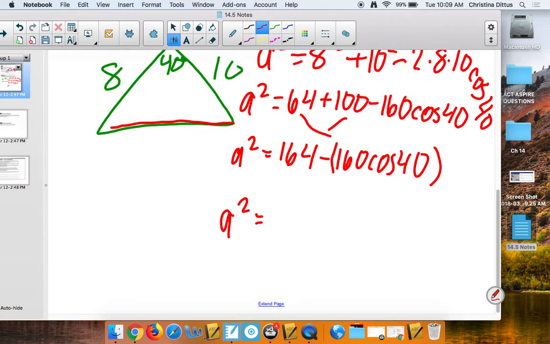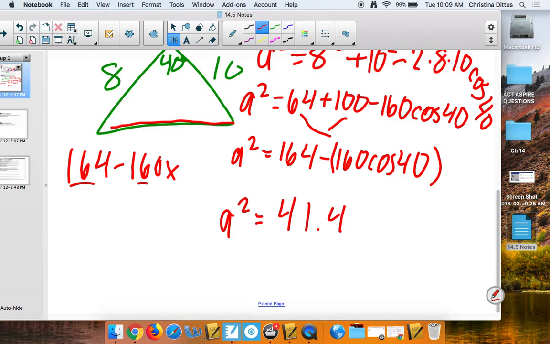No, because the 160 is attached to the cosine. It's kind of like 164 minus 160x. You can't combine these two. Does that make sense? Yeah. Okay. Now what, Allison? 41.4329. Is that okay? Yep.